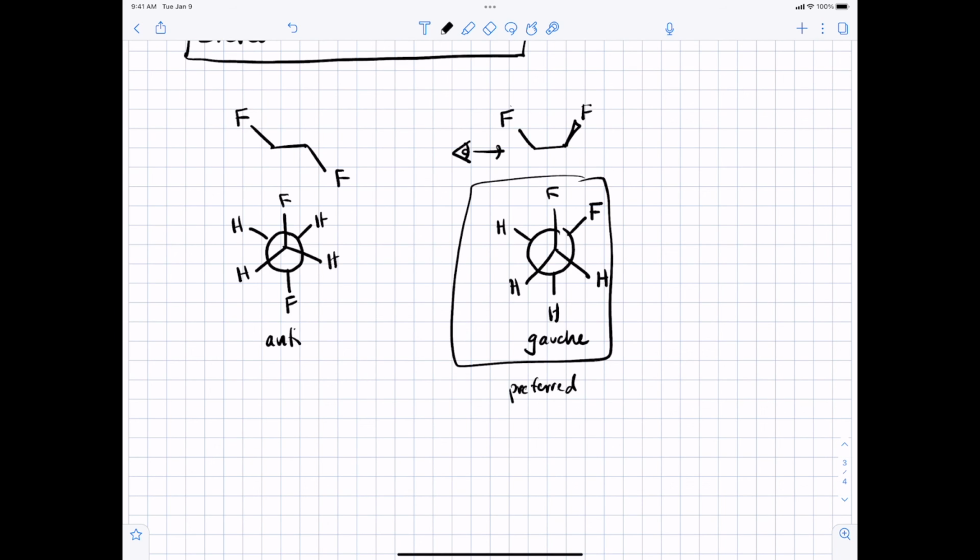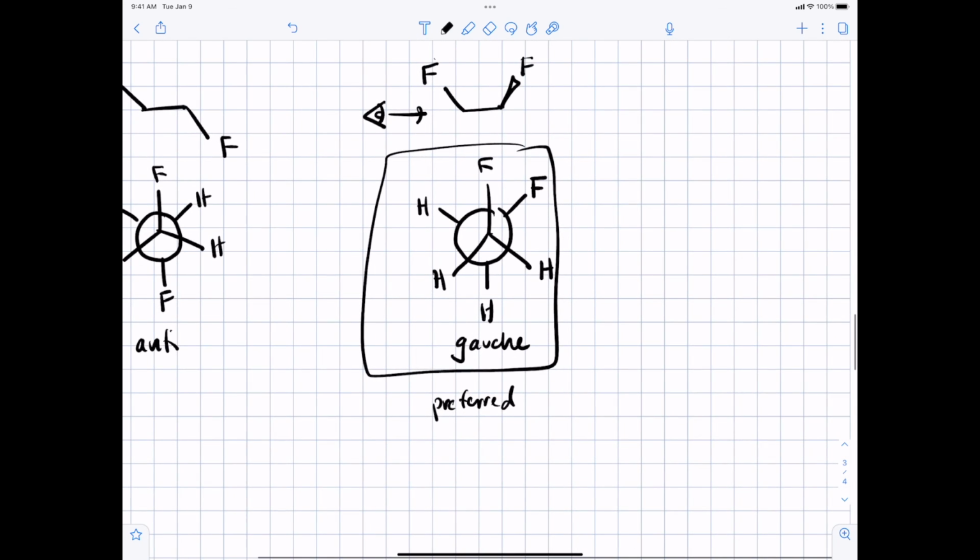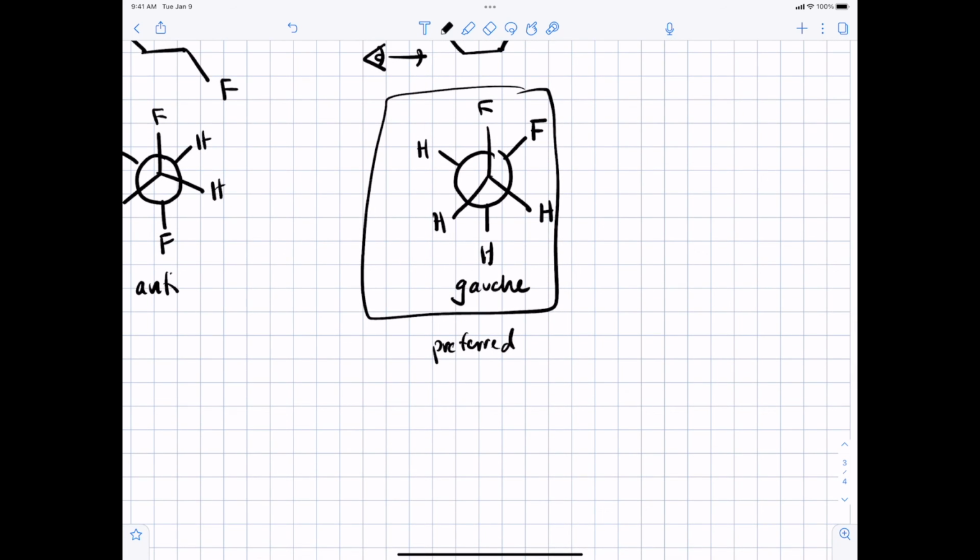All right. That's weird. What on earth is going on there? And the answer has to do with orbitals and hyperconjugation. All right? So consider first the difference between a carbon-hydrogen and a carbon-fluorine bond. Here's carbon, here's hydrogen, roughly the same energy.